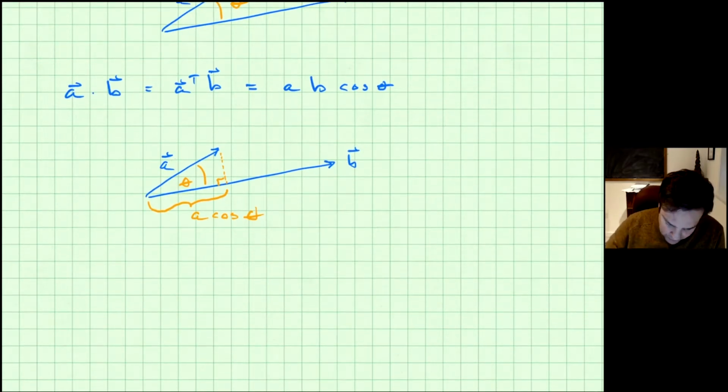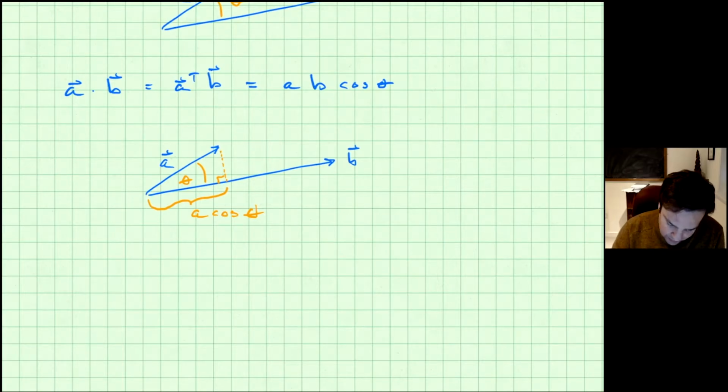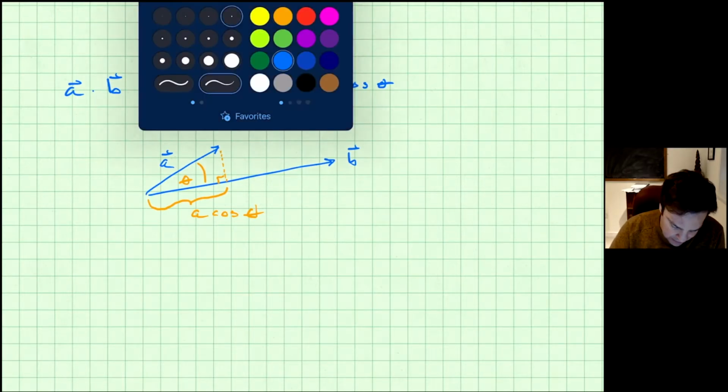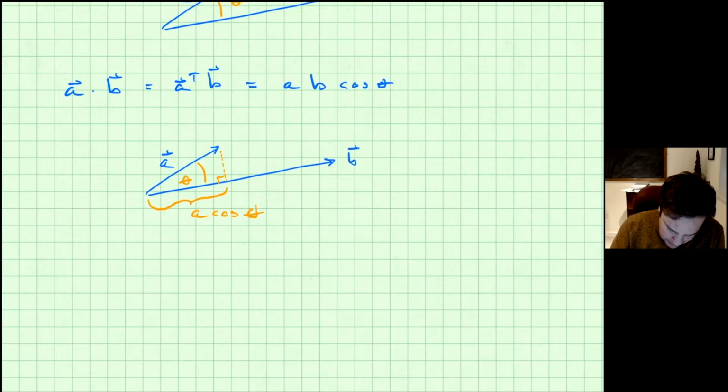And so therefore, the formula a times b times cosine theta, so a dot b, you can express it in the following way. You can say this is equal to, here's a, and there's cosine theta, and the rest is b. And so this is b times the part of a that points in the direction of b.